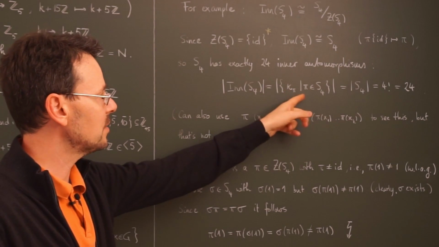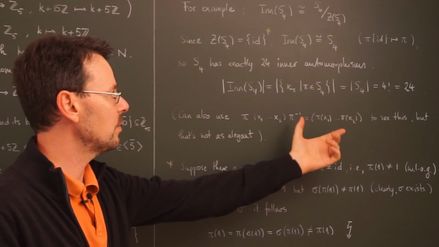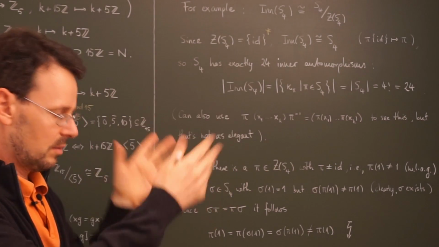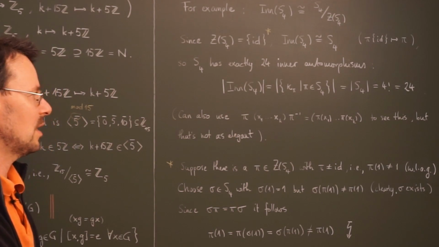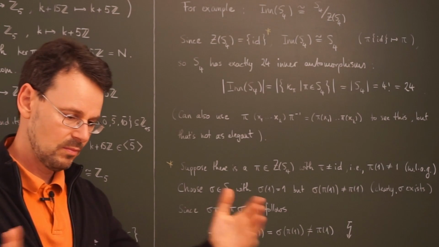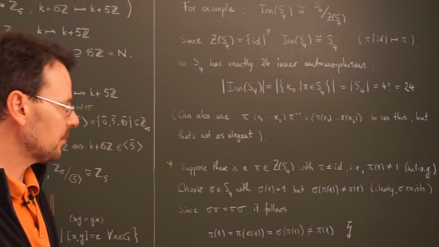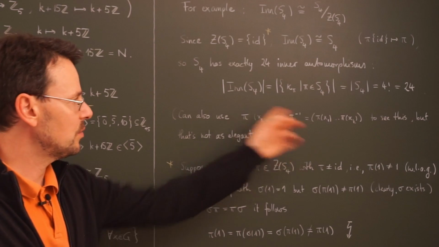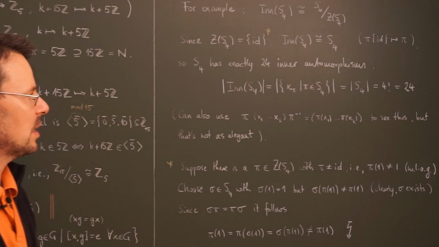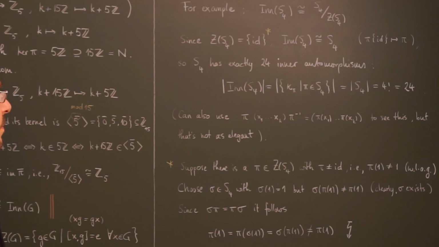So if pi is not equal to sigma, then this here turns out not to be equal to sigma applied as conjugation to the k-cycle. But in my opinion, this is always a bit messy to write down the disjoint cycle factorization of a permutation and then using these arguments is clearly not as elegant as simply doing it like so.